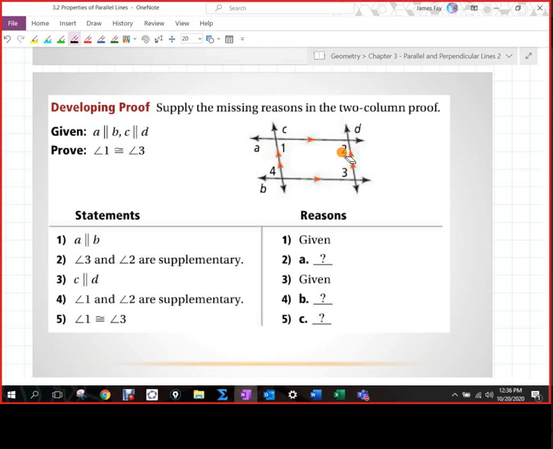Not a trapezoid, but you're on the right track. Or it could be a rhombus. It is a quadrilateral because it's got 4 sides. It could be a rectangle, but what do I need to know to have a square?